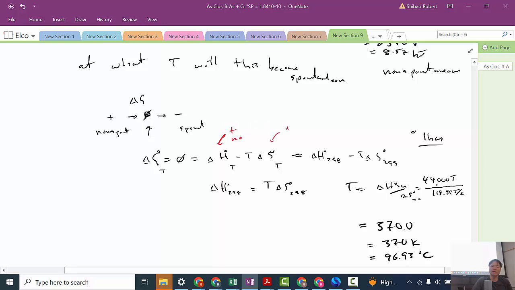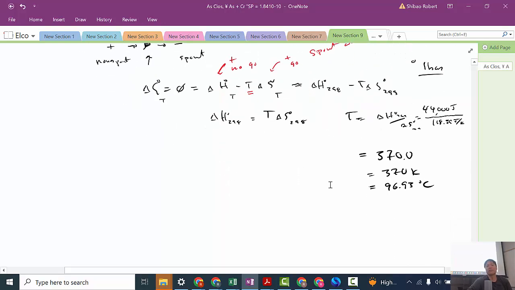However, delta S is positive too, because we're going from liquid to gas. This is a go. So this is a no-go, that's a go, and therefore this is spontaneous at high temperature. Spontaneous at high temperature scenario.